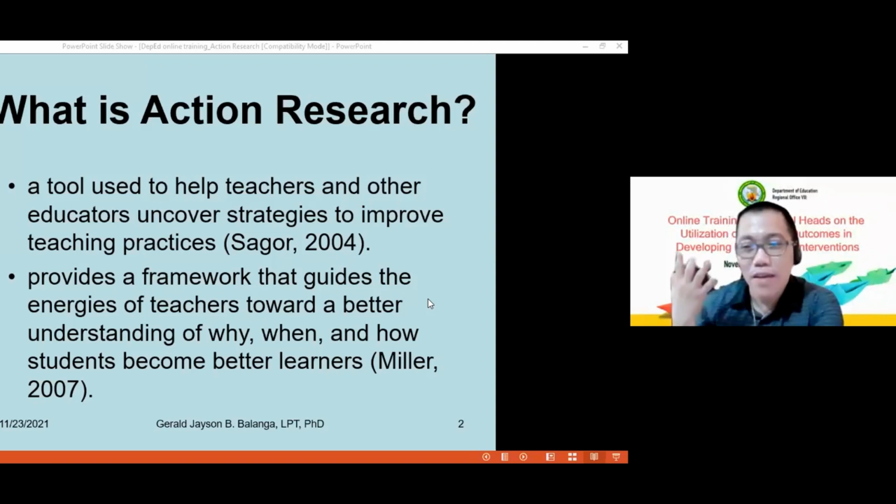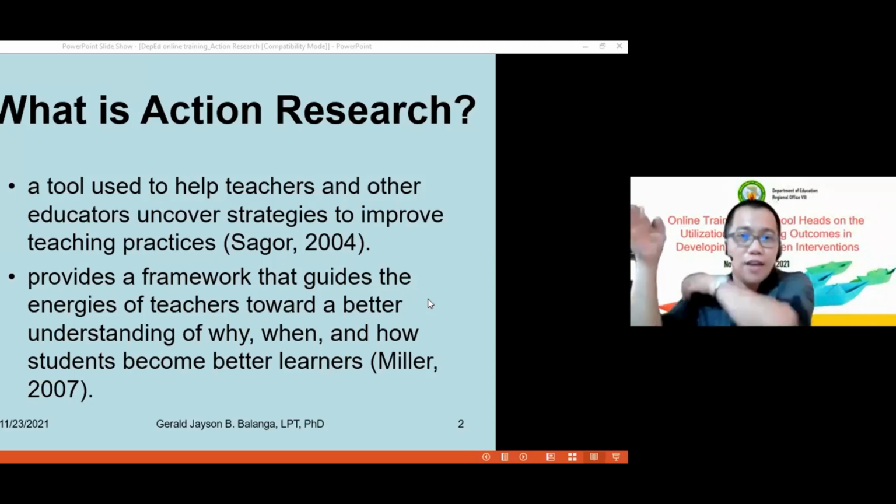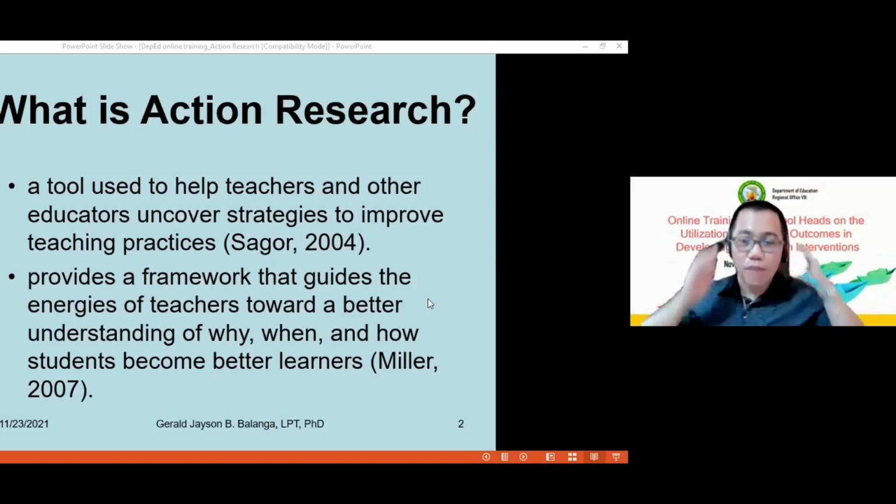I remember my elementary principal: if a teacher was absent, the principal would take over. So expectedly, the school head or the principal should also be an excellent teacher, and not just an excellent administrator or manager or leader. As school heads, you have to help your teachers improve teaching practices.